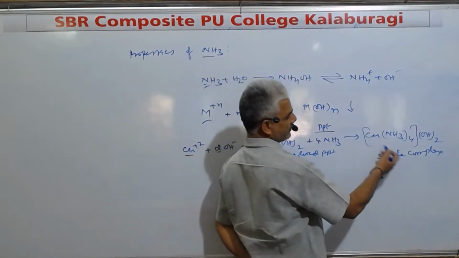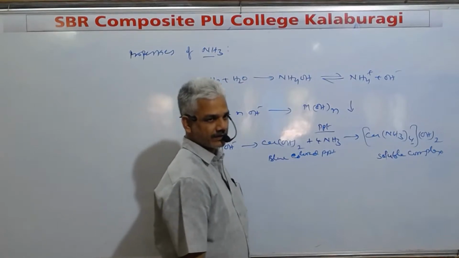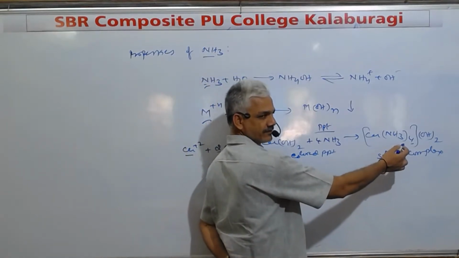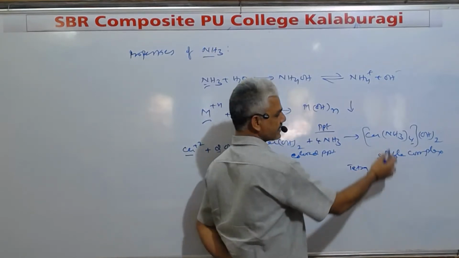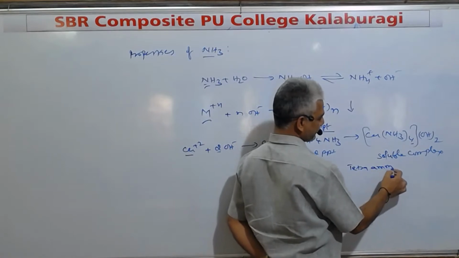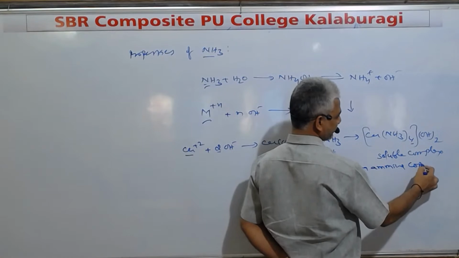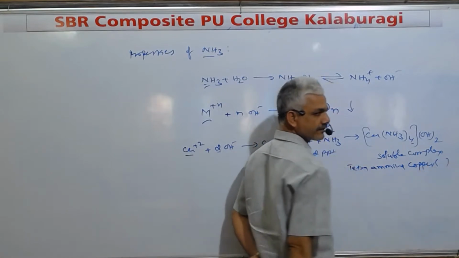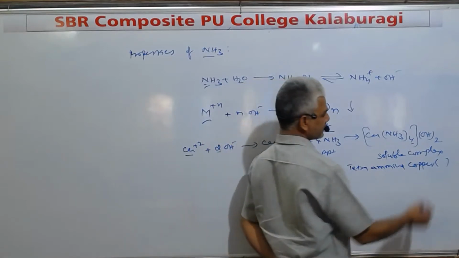So when it is in the form of cation, from where will you begin? Coordination number. What is the coordination number? 4. 4 is called tetra. What is the ligand present here? Ammonia is called ammine. Then the transition metal atom, copper. In brackets, you have to write the oxidation state in Roman numerals.